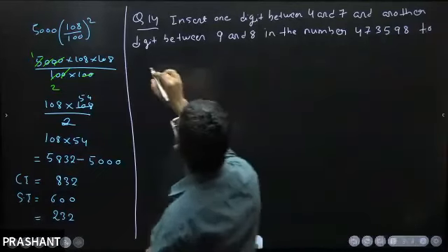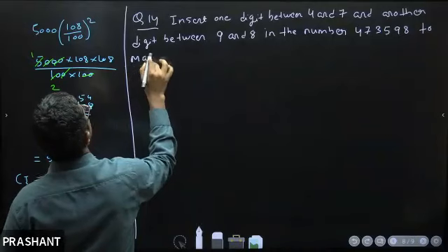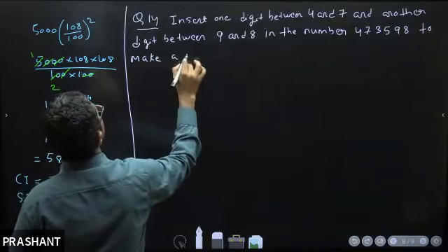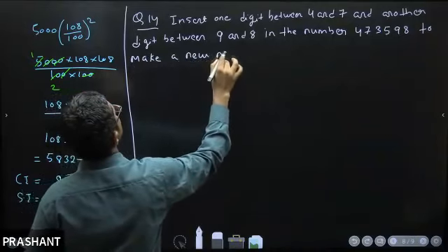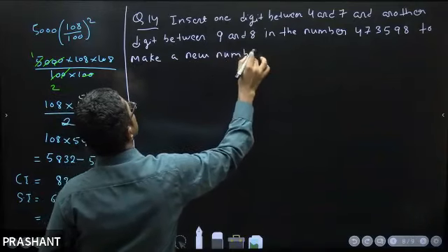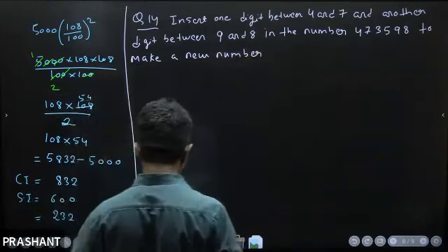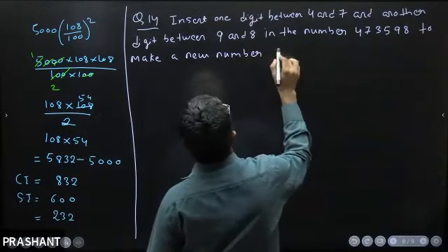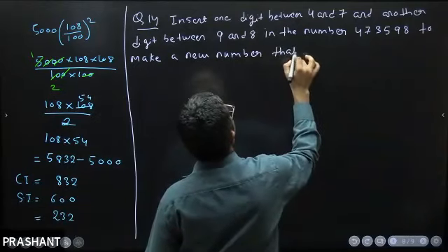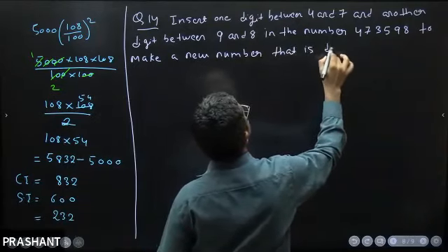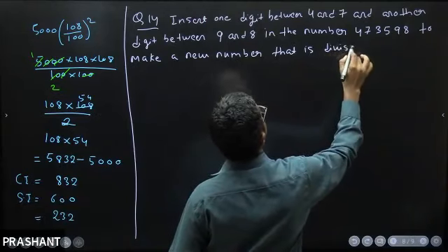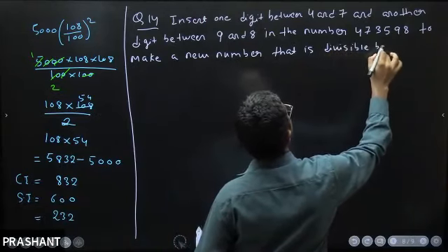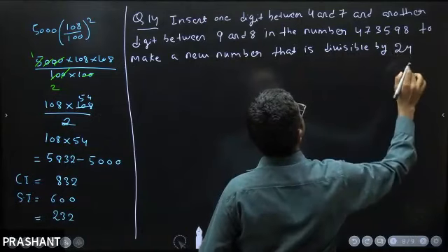to make a new number that is divisible by 24.